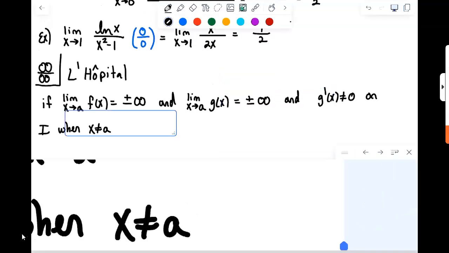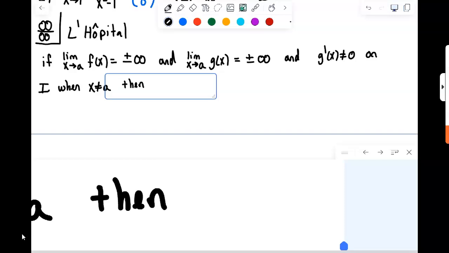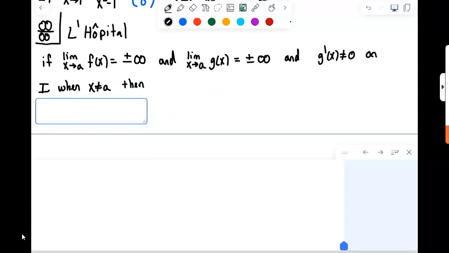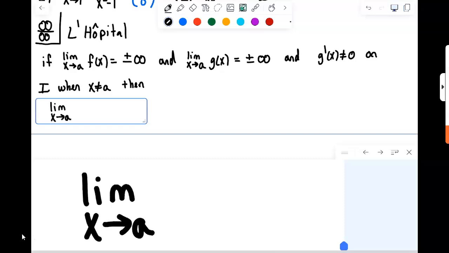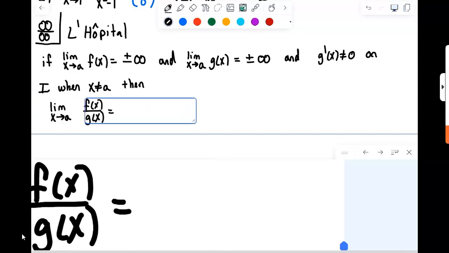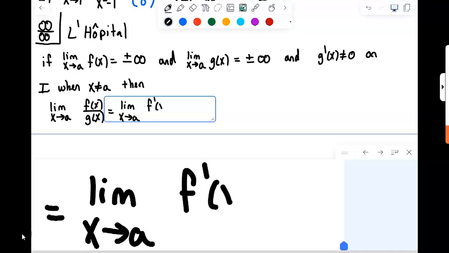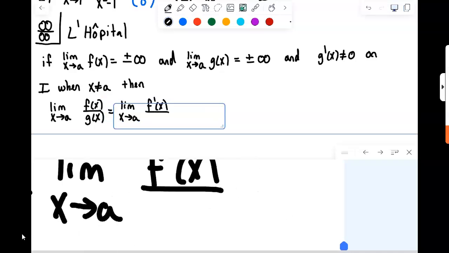So if this is the case, then we can say that the limit as x approaches a of f of x over g of x is equal to the limit as x approaches a of f prime of x over g prime of x.